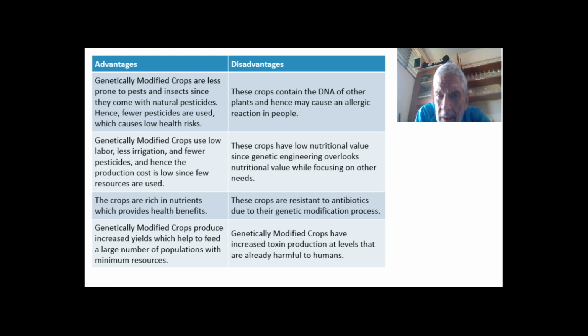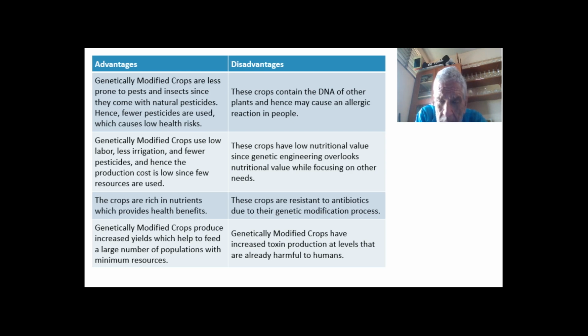And therefore there's a danger of allergic reactions because of DNA from other plants. Then genetically modified crops use low labor, less irrigation, fewer pesticides, and hence production cost is low since fewer resources are used. And of course, if you're using less labor, less pesticides, and so on, that means productivity has increased.